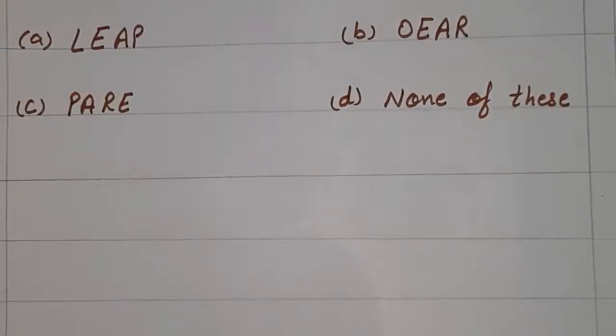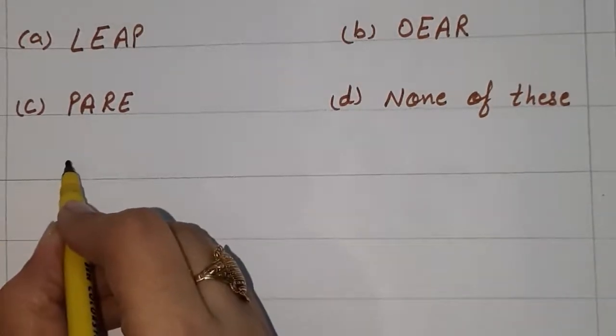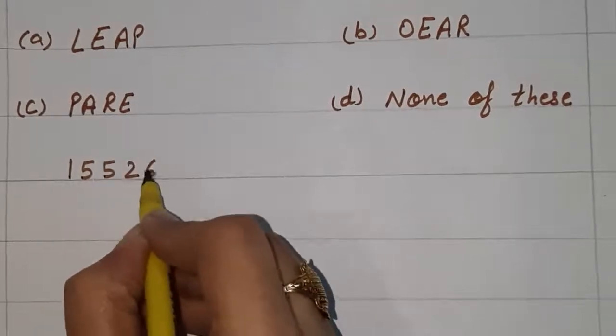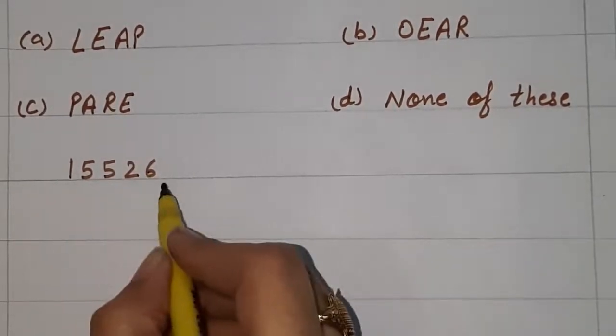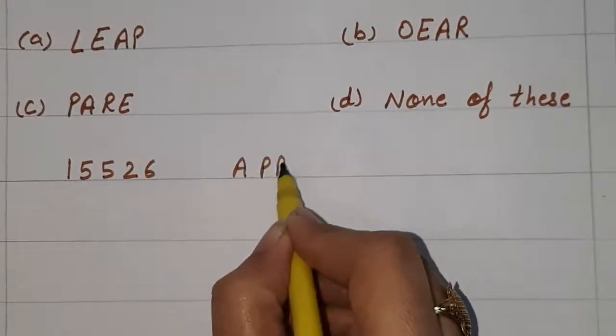Now what was the rule for coding decoding? First of all, we have to find out the relation. We have to find out how these are coded. 15526 is coded as APPLE.